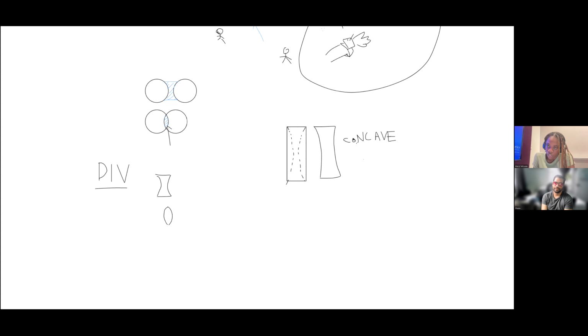In order for it to be diverging. I feel like a diverging lens has the converging lens. But can something be diverging and converging? No, that doesn't necessarily make sense.